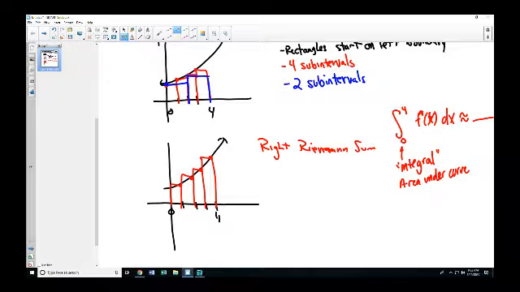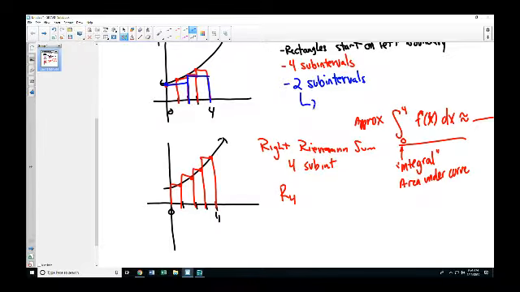Will it tell you how many subintervals? Yes, they'll tell you, use 4 or use 2. We can also note this as R sub 4, which means a right Riemann sum of 4 subintervals.